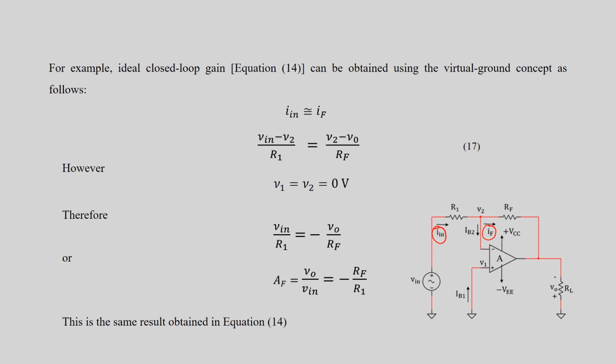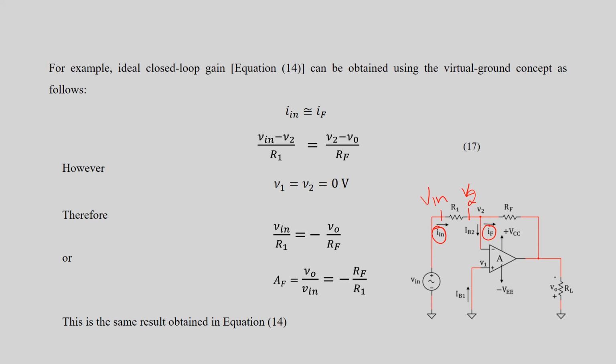We also know Iin can be written in the form of voltage by resistance, because Iin goes into the resistance R1, so it can be written as Vin minus V2 by R1.